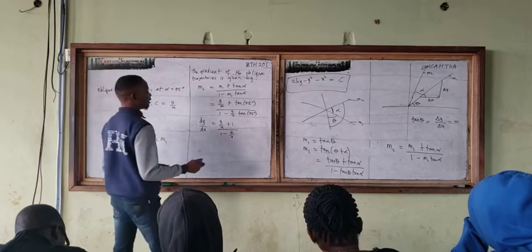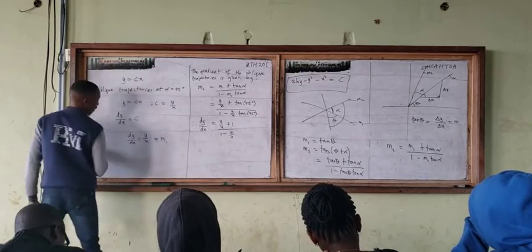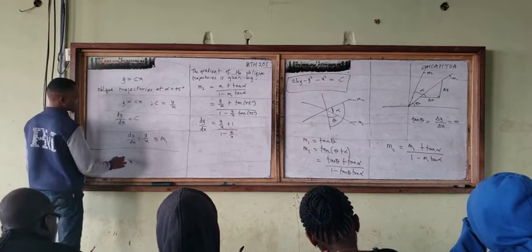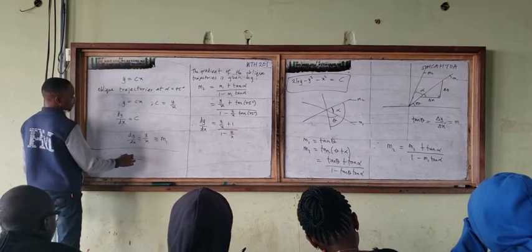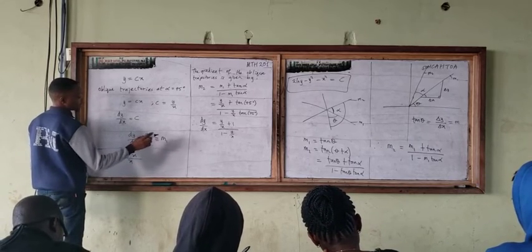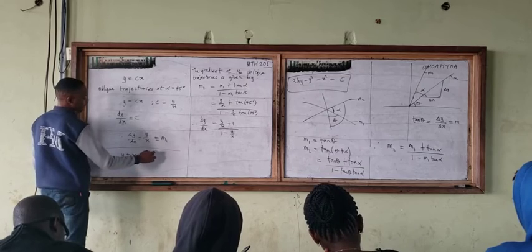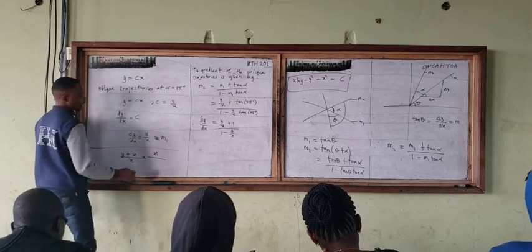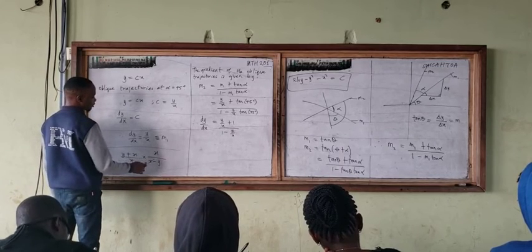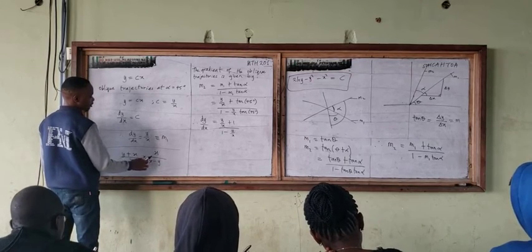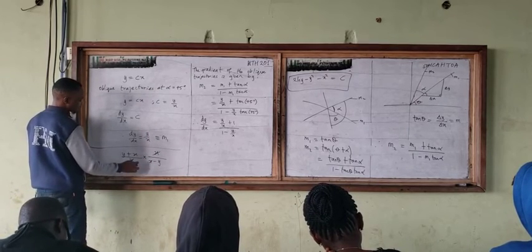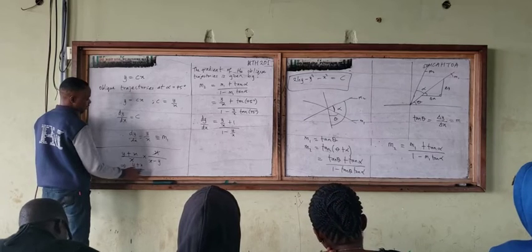If you want to simplify this, for instance, we're going to have in the numerator x times y plus x, and in the denominator x times x minus y, so x is going to cancel. Then you're going to have y plus x all over x minus y.